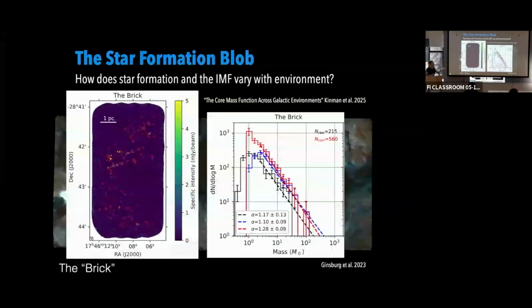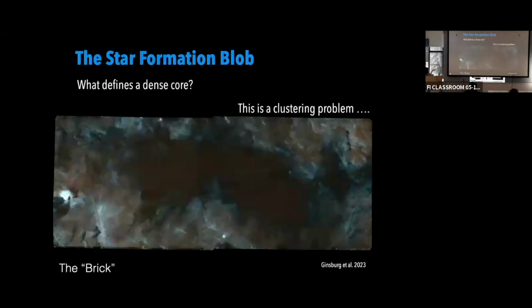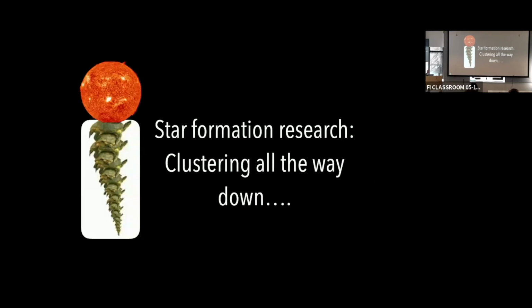In this case, the distribution of core masses seems to be a bit flatter than Salpeter, which maybe suggests there'll be more high mass stars forming. But again, this is really a clustering problem, and what you get out of this is based upon how good your clustering method is. All right, so what I'm trying to tell all of you is that in star formation research, it's clustering all the way down, okay?